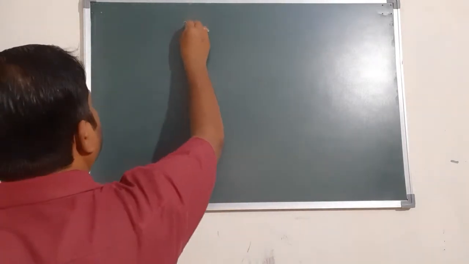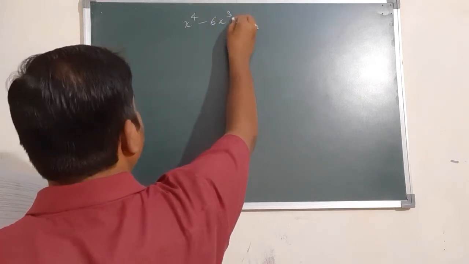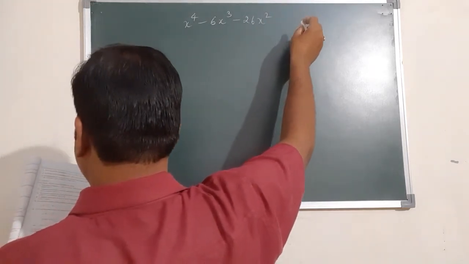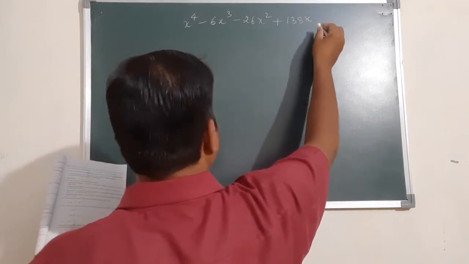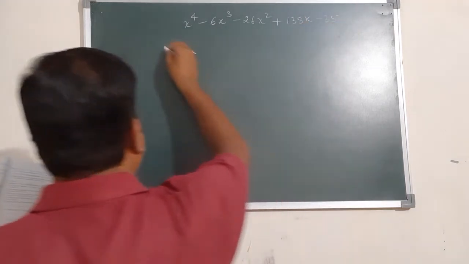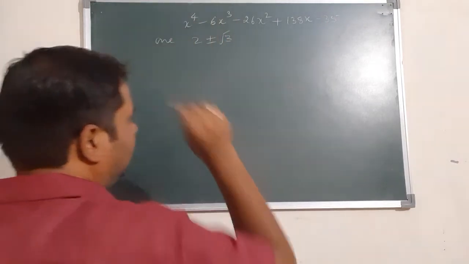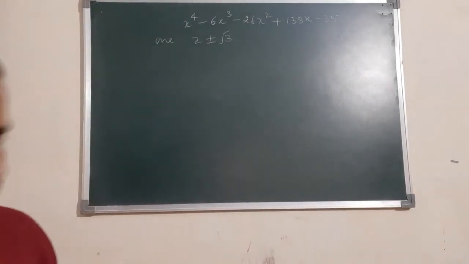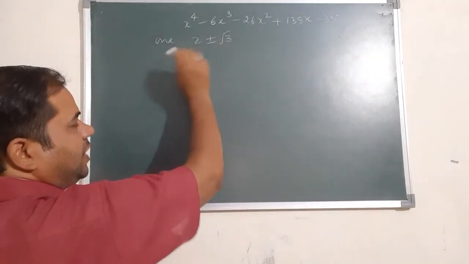If two zeros of the polynomial x power 4 minus 6x cube minus 26x square plus 138x minus 35 are 2 plus minus root 3, then find all other zeros. Okay, so see this question also. Here one root is 2 plus root 3 and another is 2 minus root 3.